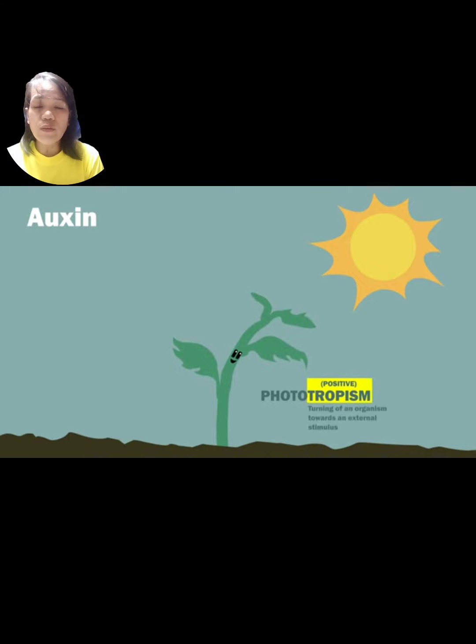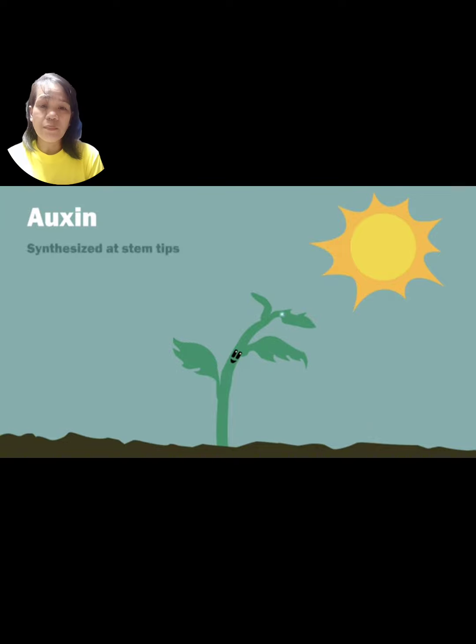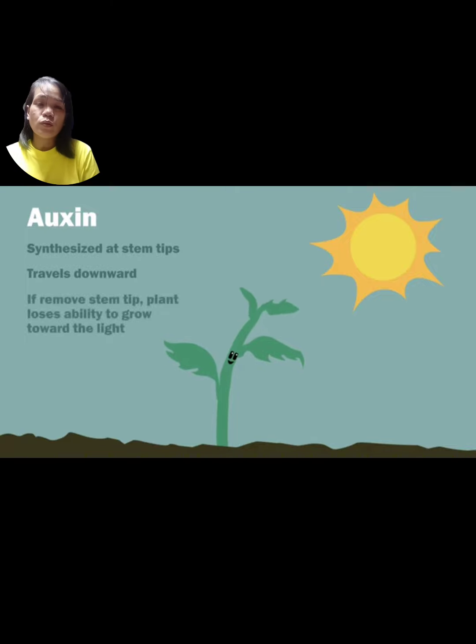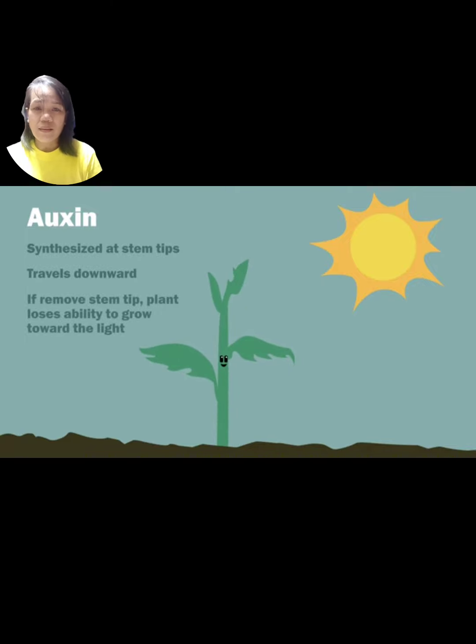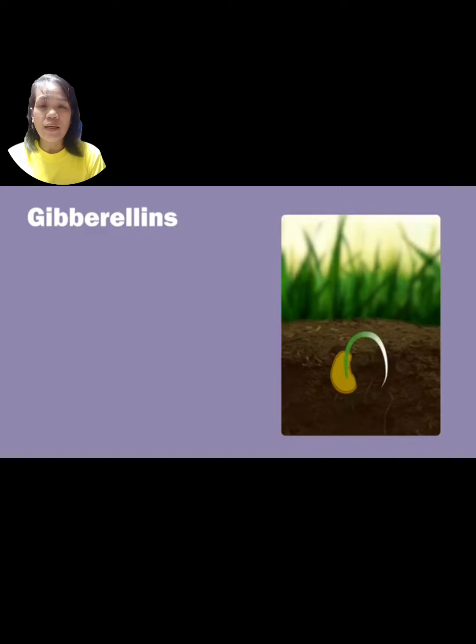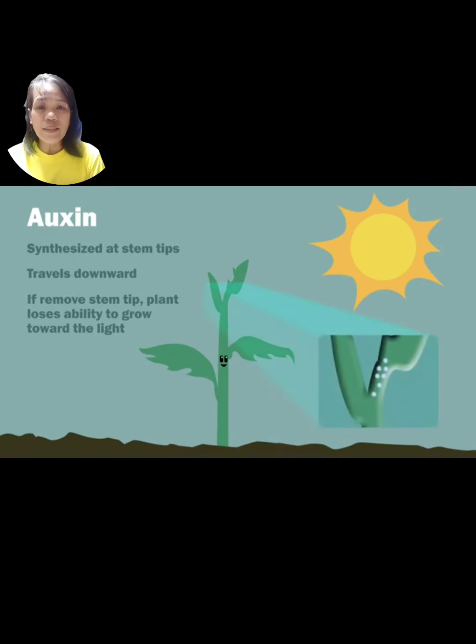That's why if you remove the stem tip, the plant will lose the ability to grow towards the light. Auxin makes the plant bend towards the light by moving to the shaded side of the stem.